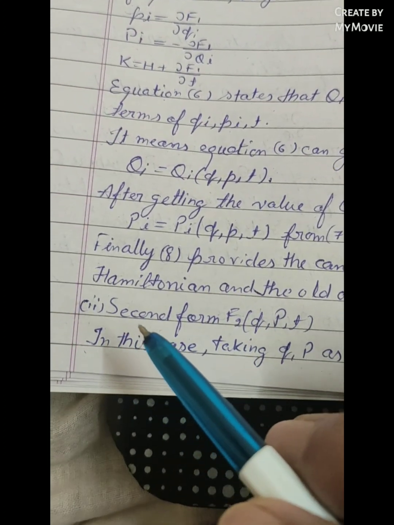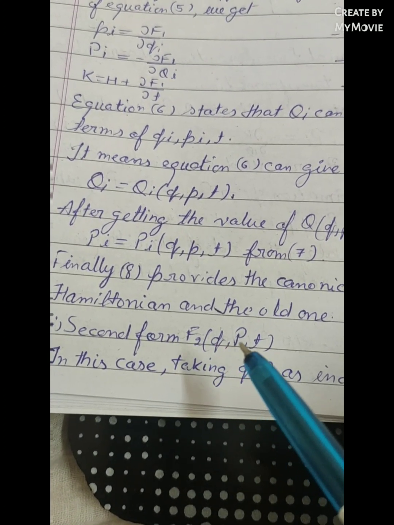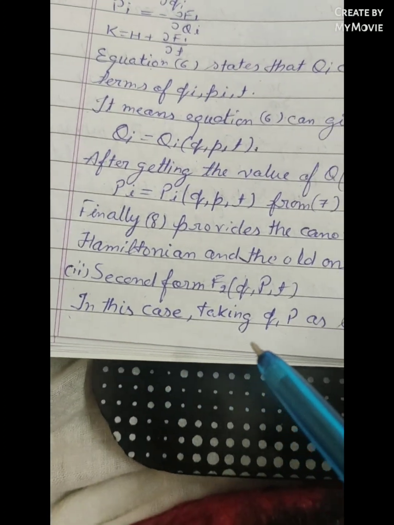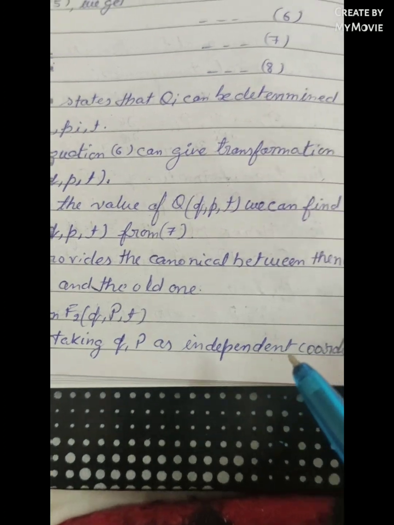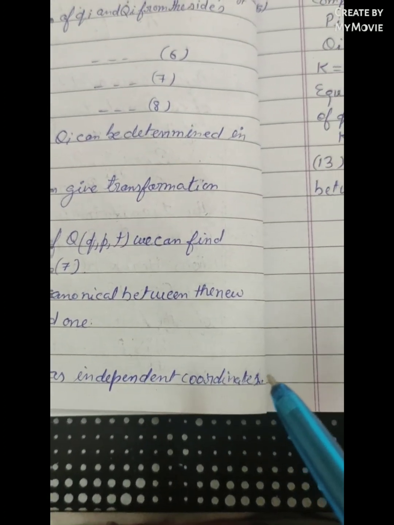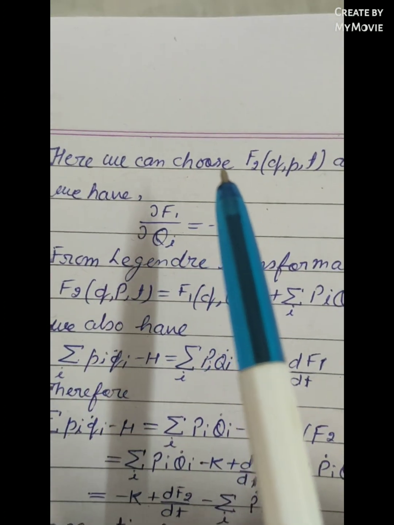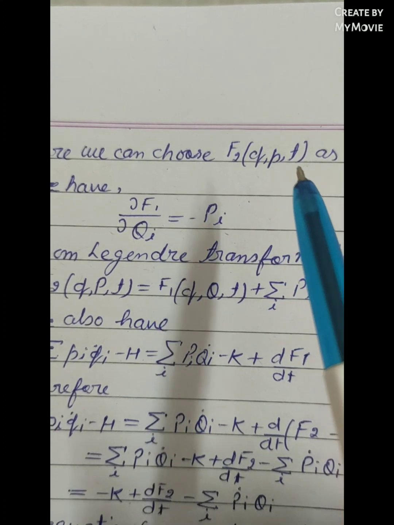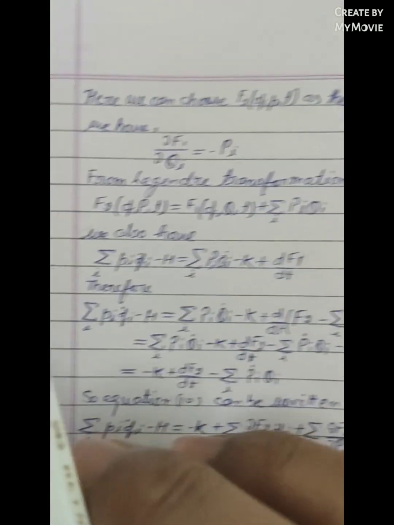Now the second form, F2(q, P, t). In this case, taking q and P as the independent coordinates, here we can choose F2(q, P, t) as the generating function.